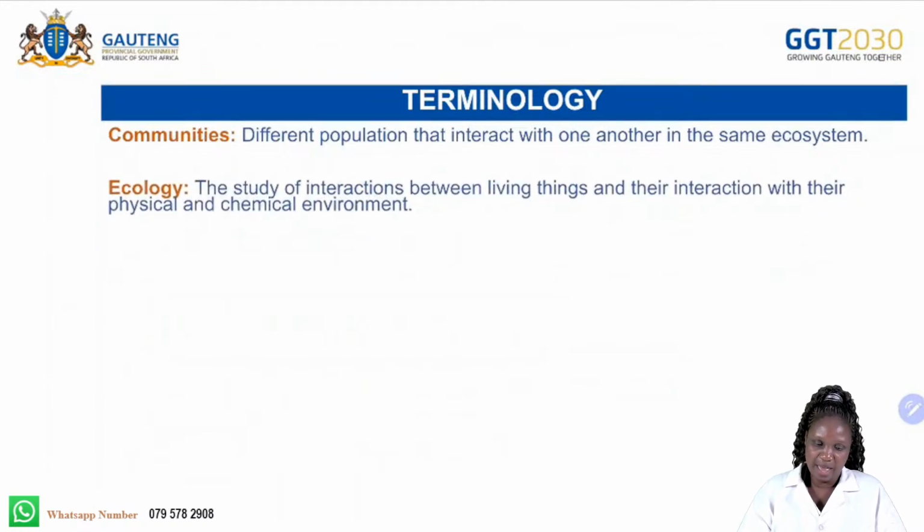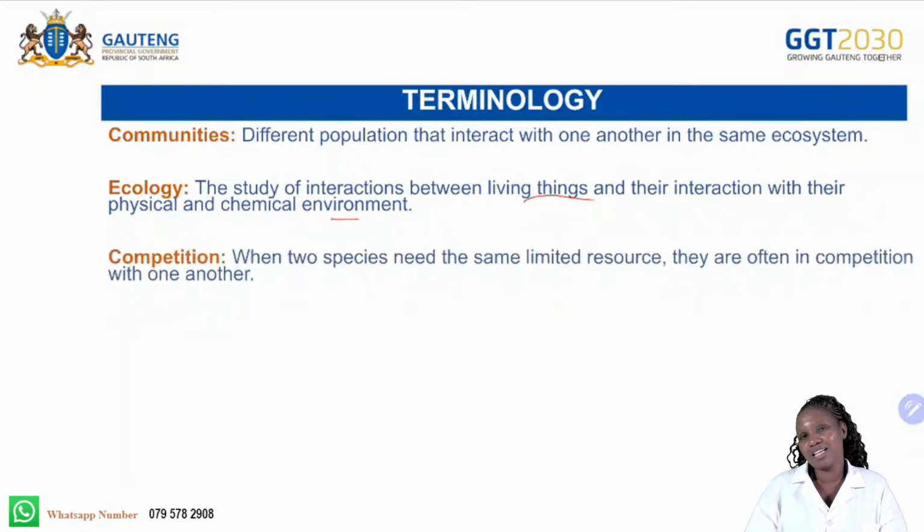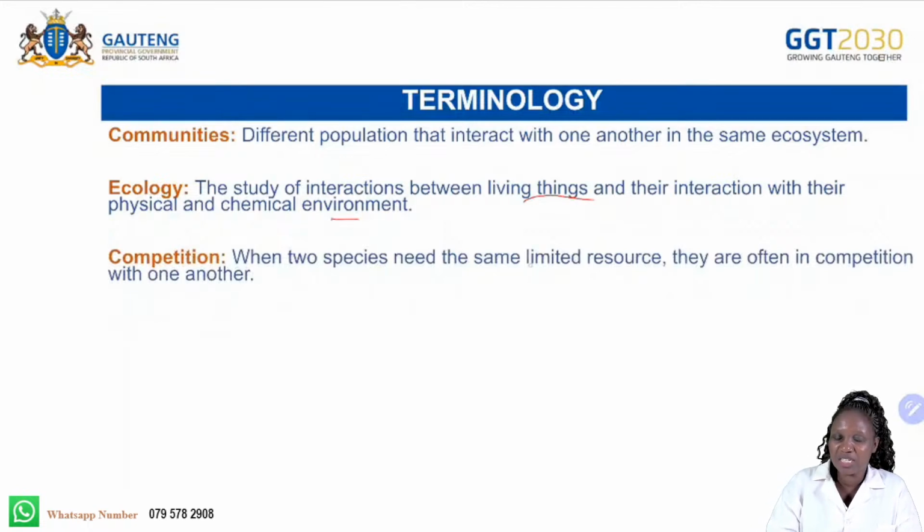And then what about ecology? This is the study of interactions between living things and their interaction with their physical and chemical environment. That is ecology. And then let's look at competition. What can we say about competition? It is when two species need the same limited resources.